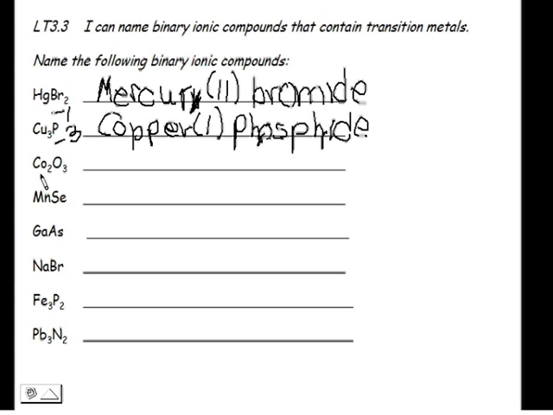Next substance, cobalt and oxygen. Cobalt also has multiple charge. Oxygen is a group 6A. Oxygen has -2 charge, and because there are 3 in total, that would mean that the total charge that the anion is producing is -6. That would mean that the cobalt as a total has to be +6.